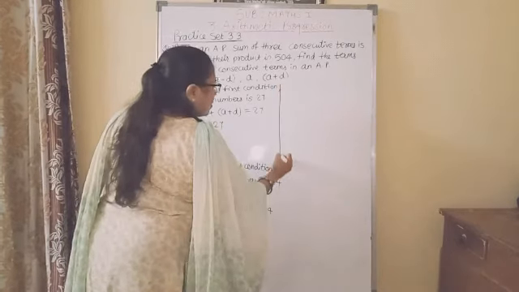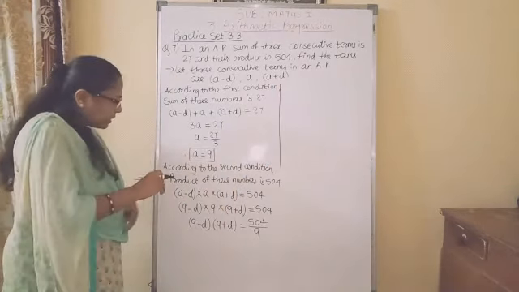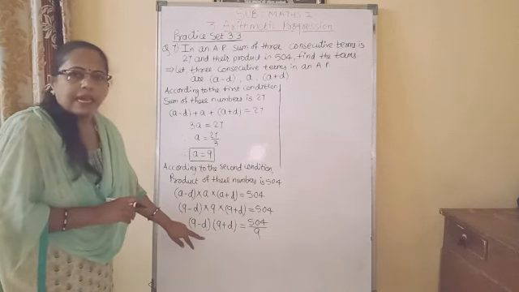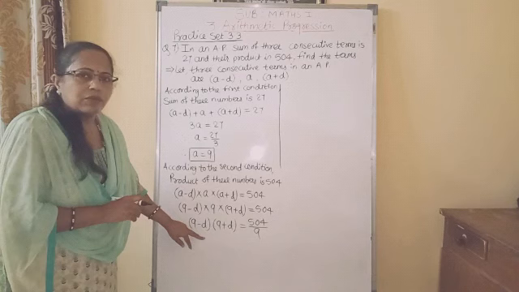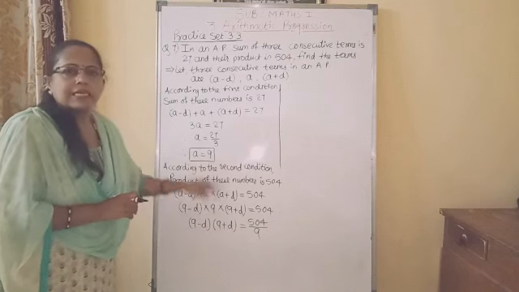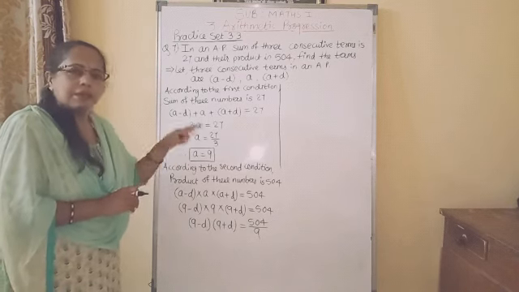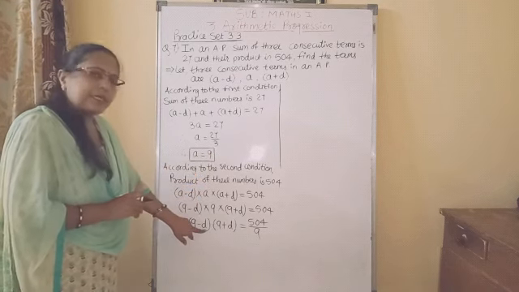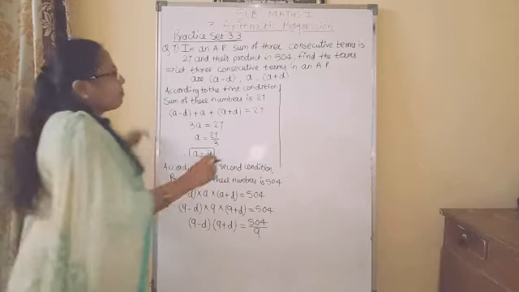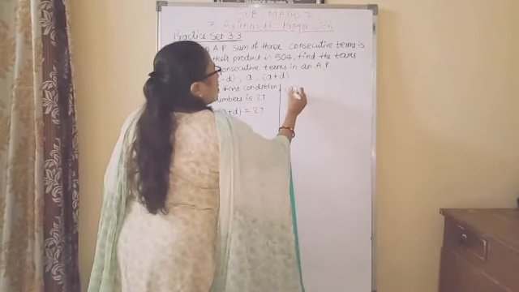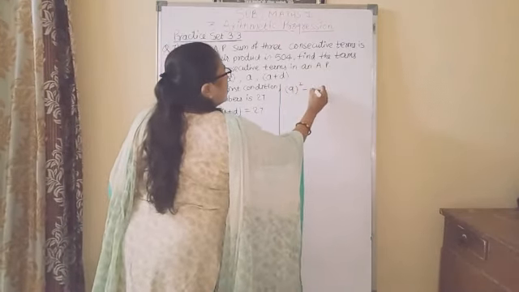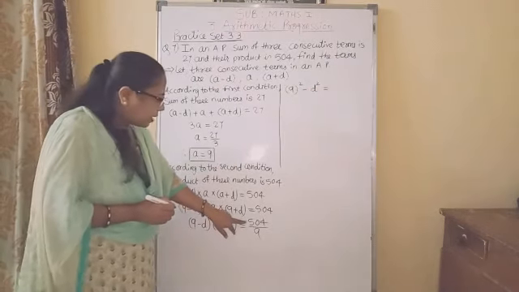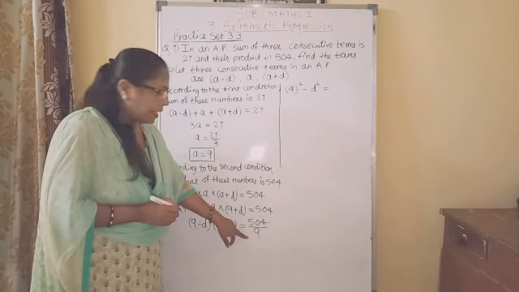Now next step. See, these brackets are in the form of A plus D, A minus D. As we know, the product of these brackets is A square minus B square. So here A is 9 and B is D. According to that formula, here we will get 9 square minus D square is equal to, now divide 504 by 9.